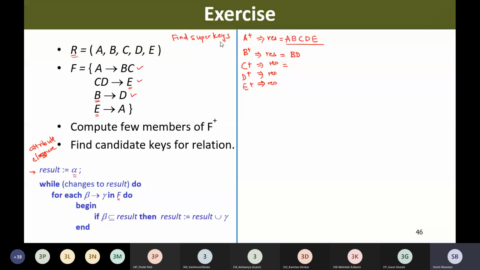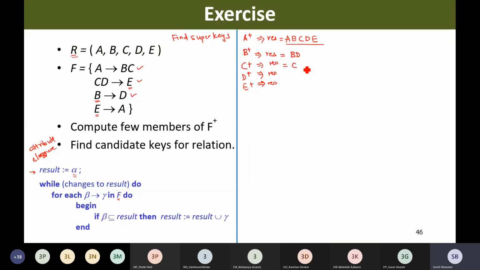See, initially we'll have C and then we go on iterating. We do not have any functional dependency for which the left hand side is C. Am I correct? So we are not going to add any more attribute here.